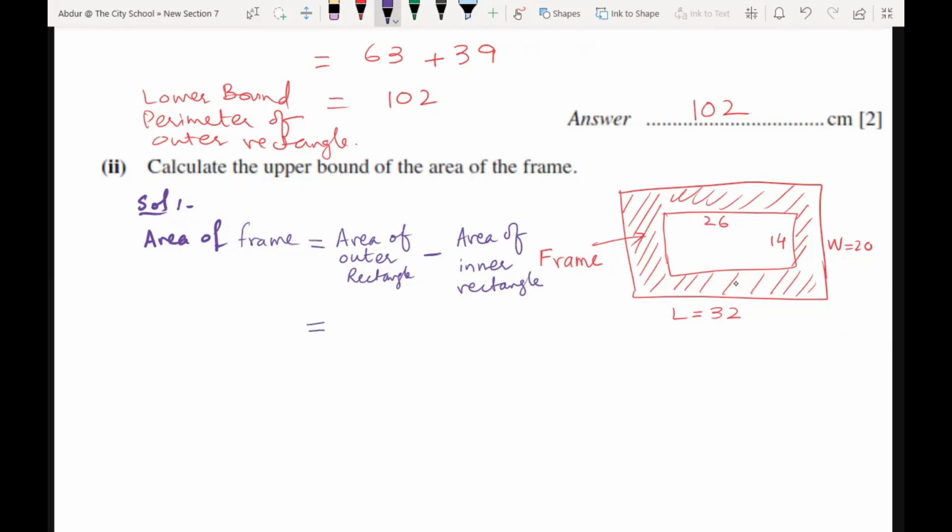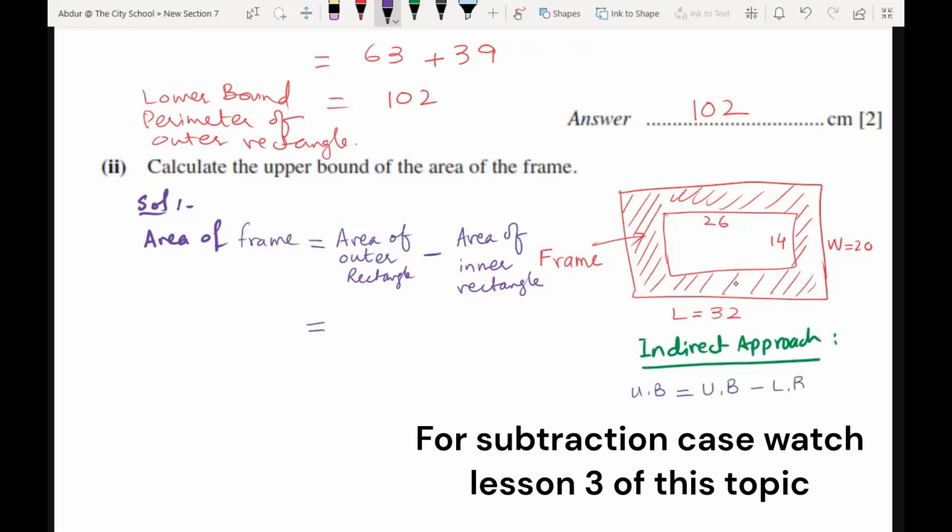Now, this is a formula, but recall indirect approach. When there is a subtraction case and you are going to find the upper bound, the first value must be upper bound and the second value must be changed to lower bound.